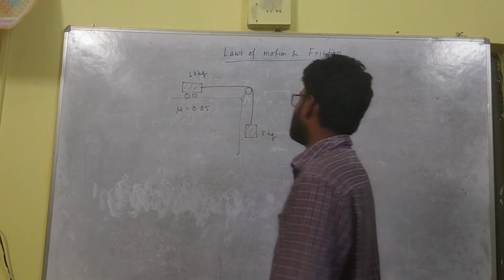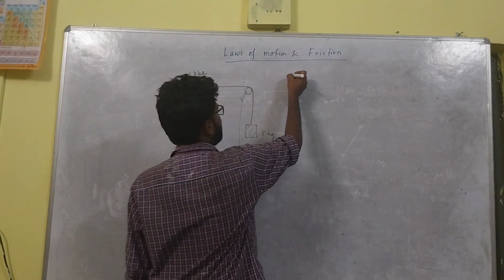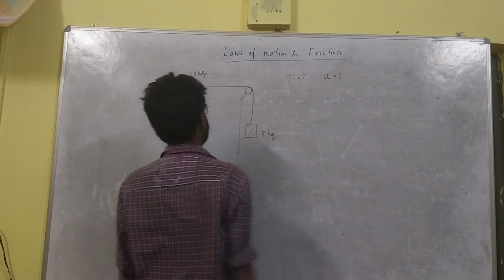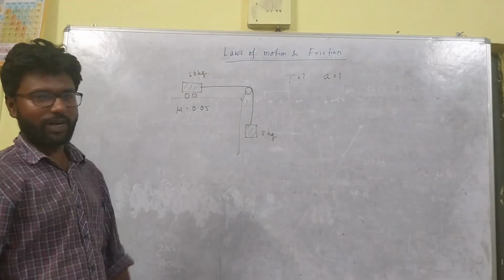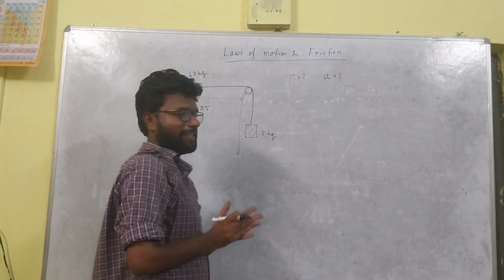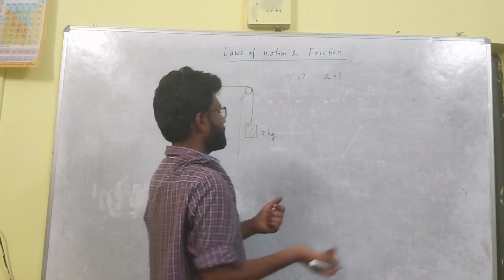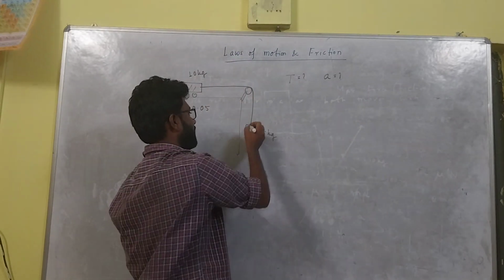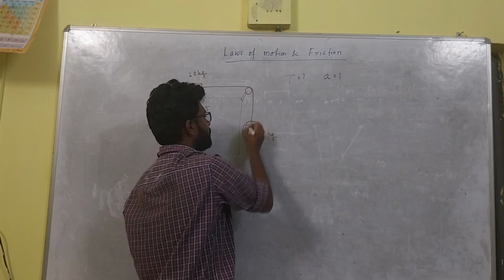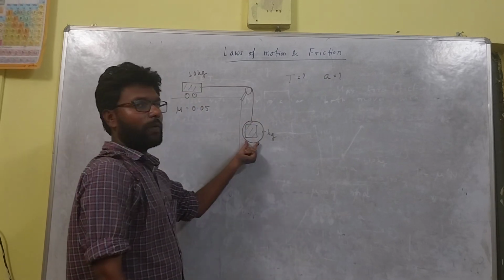Now we have to calculate the tension of the string and the acceleration of that system. So now just choose the system. First of all, choose the system as the block. So ultimately, two forces act on the block.